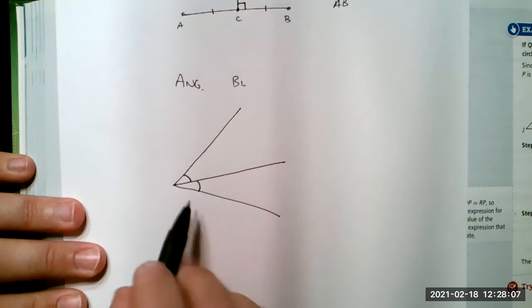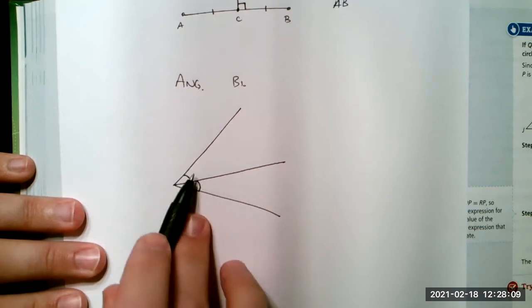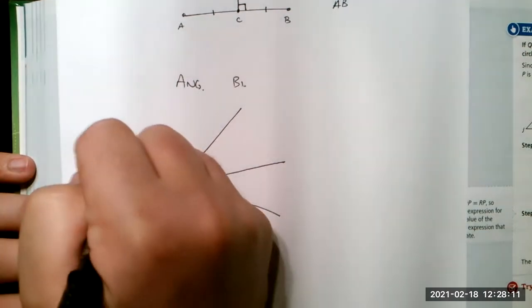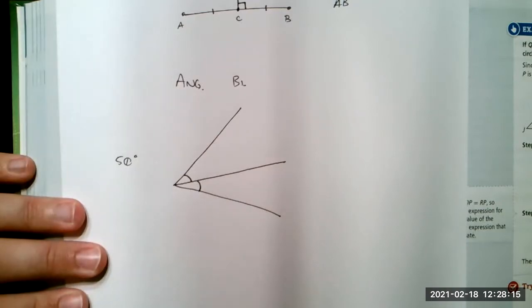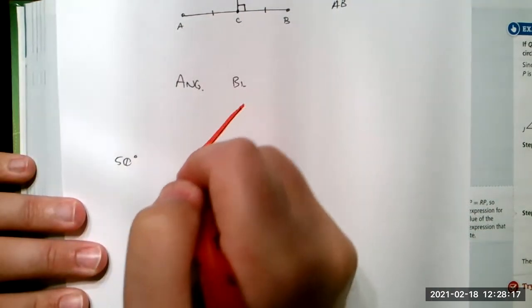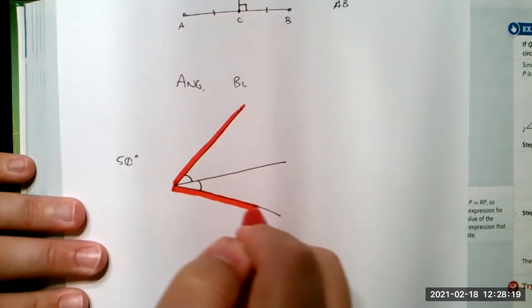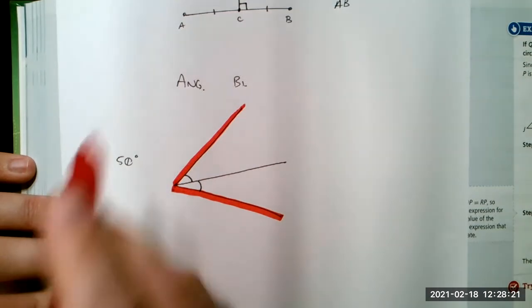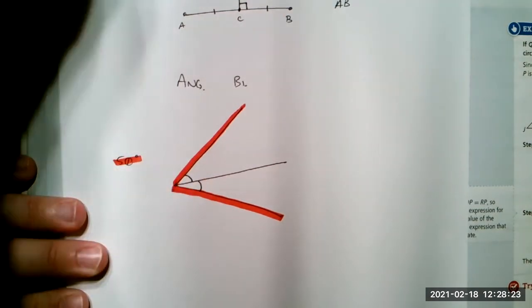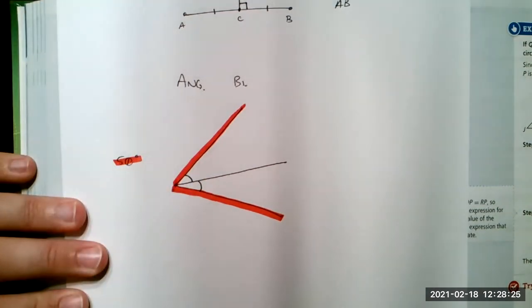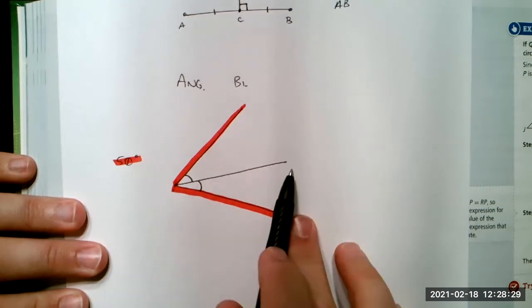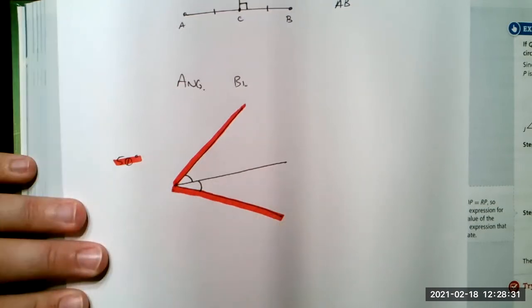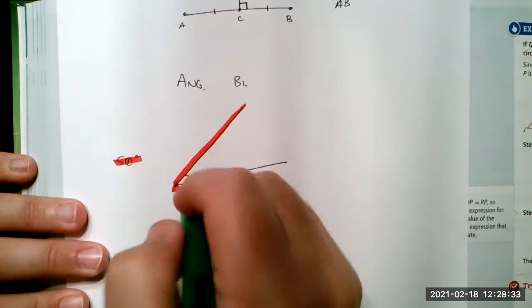So let's say that this entire angle, what we started with, let's say that was, I don't know, 50 degrees, okay? That's the angle that we started with. That's this angle right here, okay? So the red is 50 degrees. Then once we create this angle bisector, it's gonna cut that angle in half perfectly.